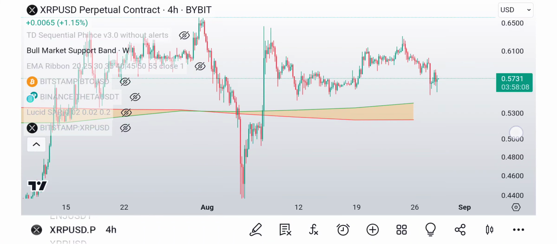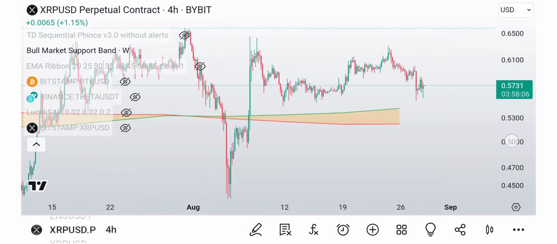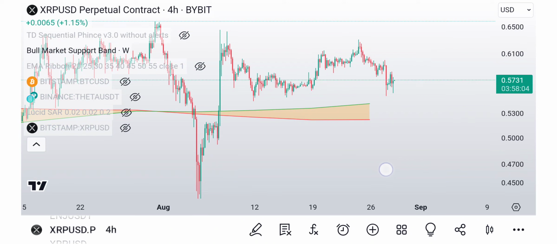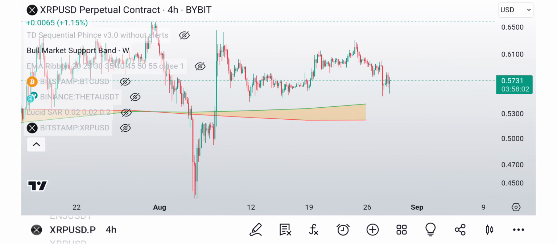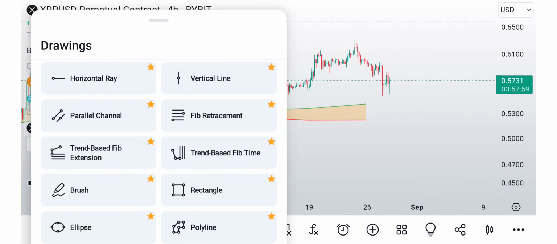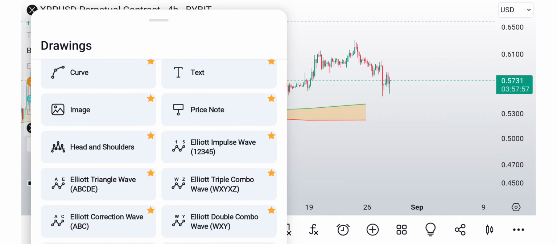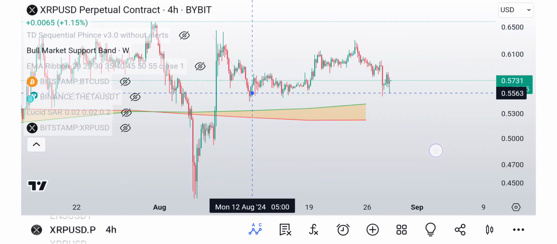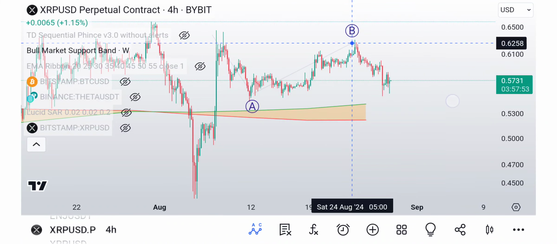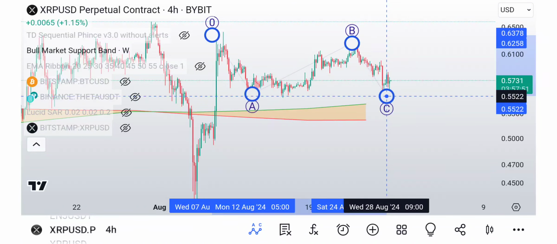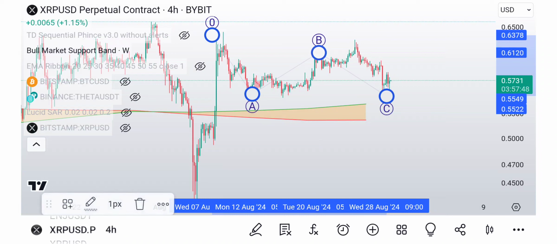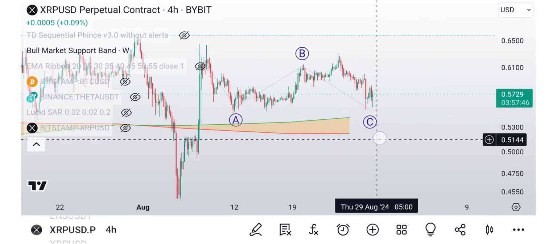is because we have a beautiful 3-wave move. Now, it might not be finished. That's the problem. But you can see right here, we have this A, B, and C. Now, you could put C there or B there, and C could be a flat.